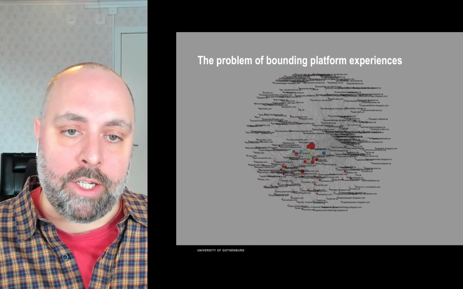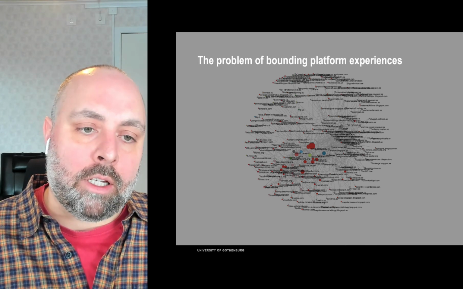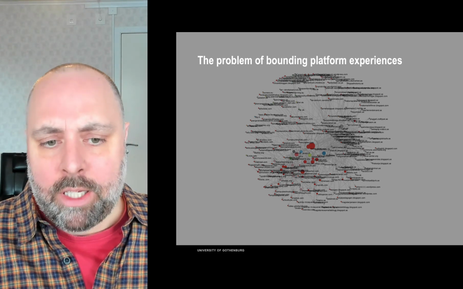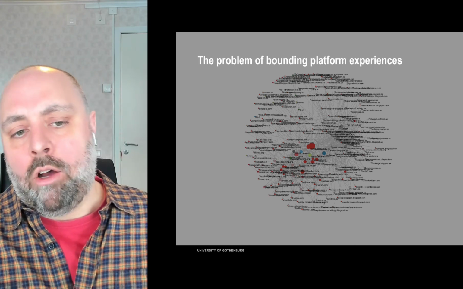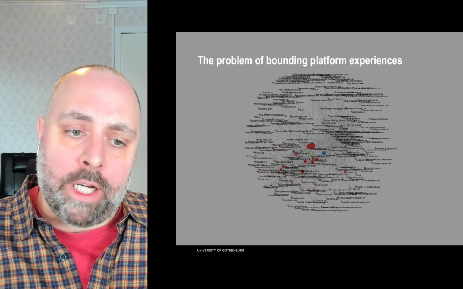And you can see the interconnections between these services and the way they fit together, with the colored ones being new media, you could say, and the gray nodes being more traditional Swedish language media.